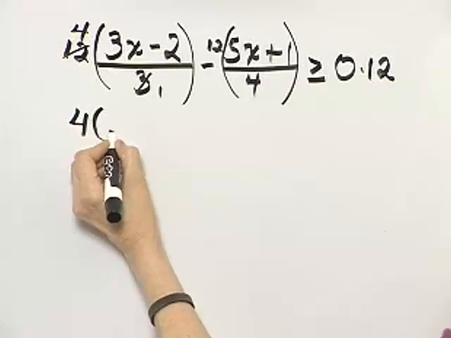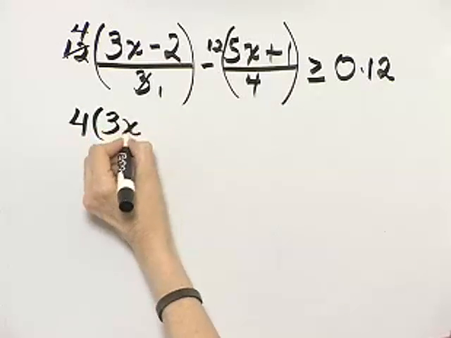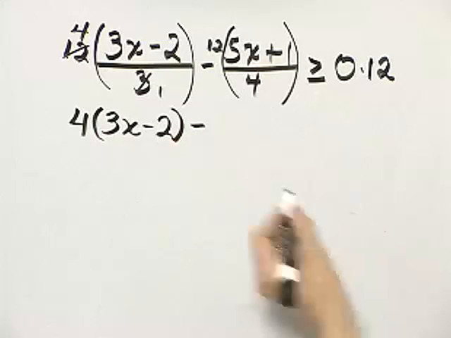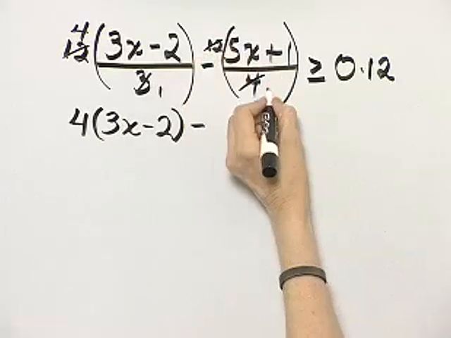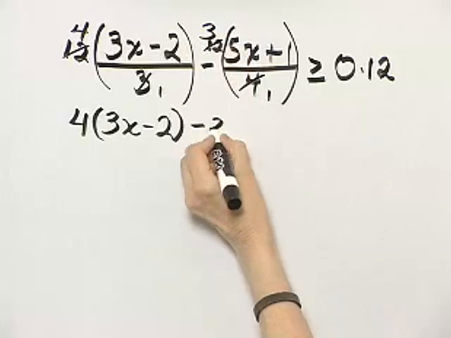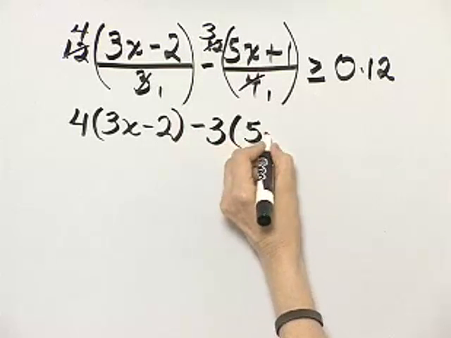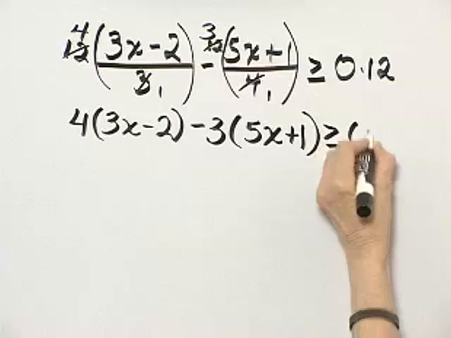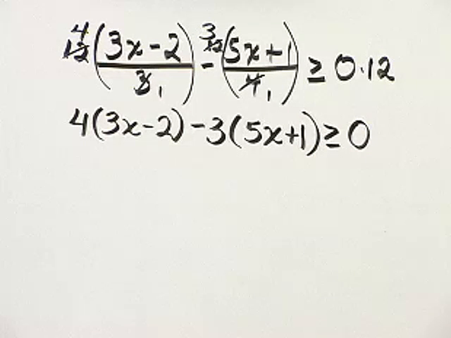So I have left 4 times, in parentheses, 3x minus 2, minus, and then a common factor of 4. 12 divided by 4 is 3. So I have 3 times, and then that's 5x plus 1. 0 times 12 is 0.